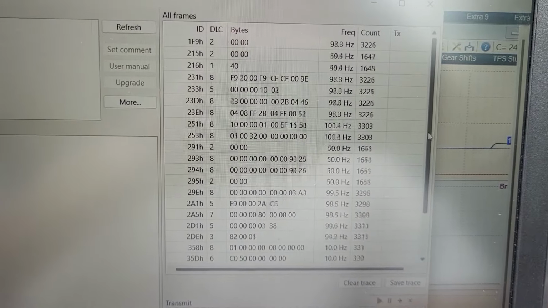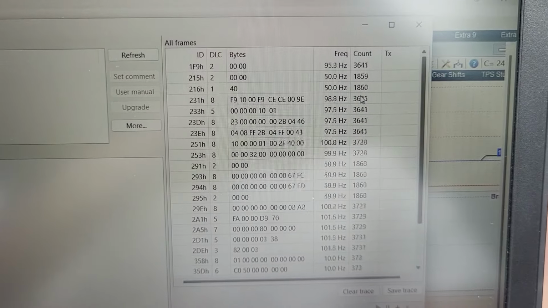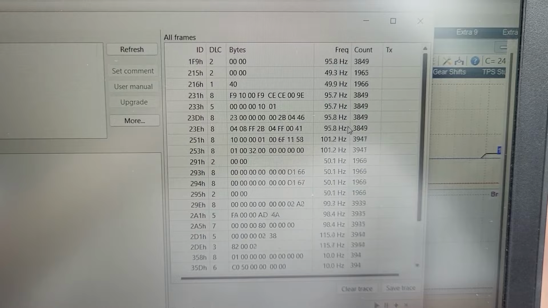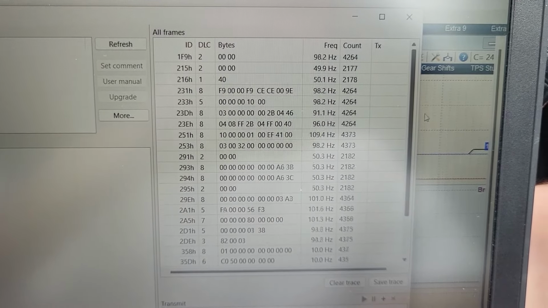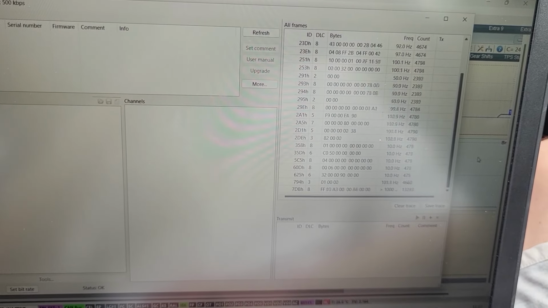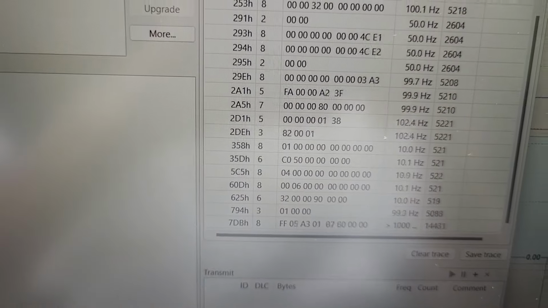Now, I know that might look a bit scary already, but there's not actually that much there. If we look at the ID on the left hand side, that is the PID, that is the ID of the CAN message.